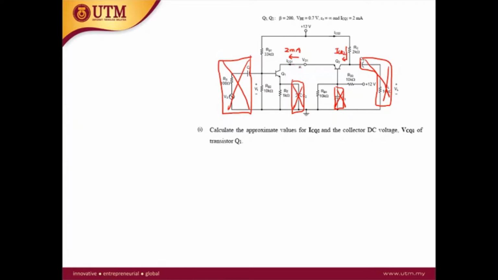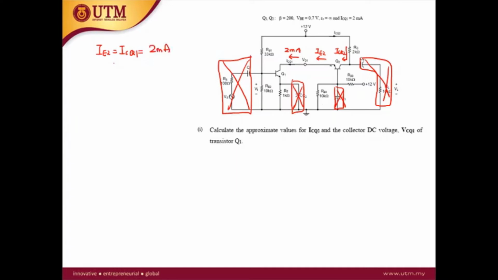If you take a look at the emitter of the second transistor Q2, this is your IE2. So you notice that IE2 is equal to ICQ1, which is equal to 2 milliampere.